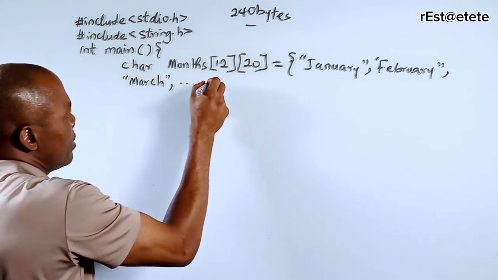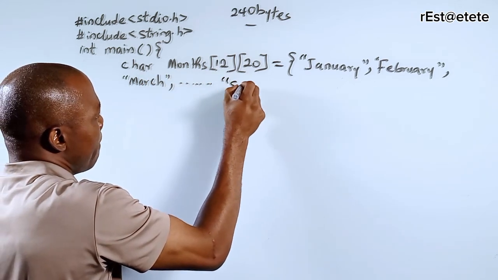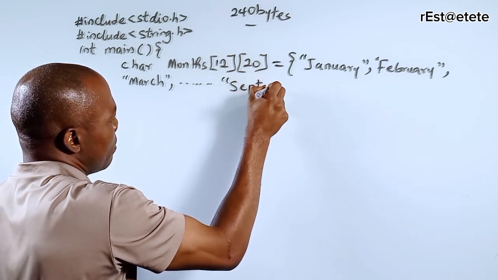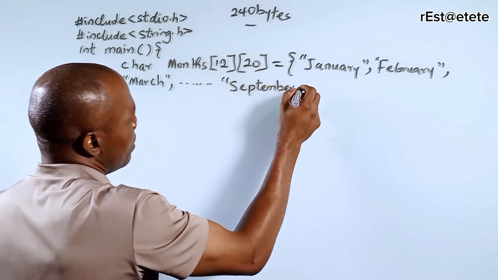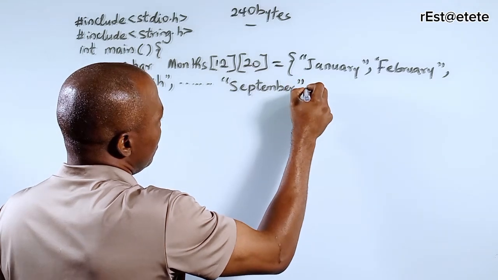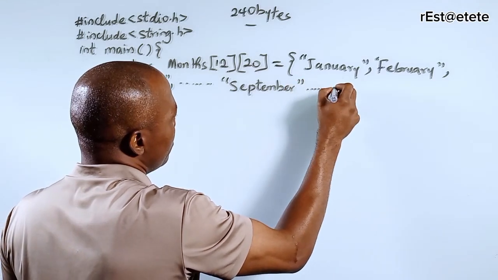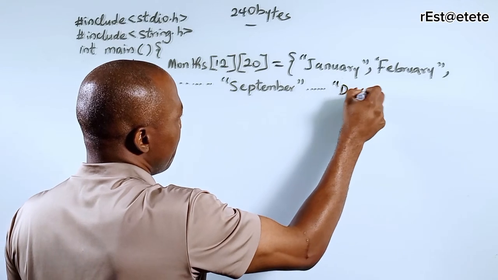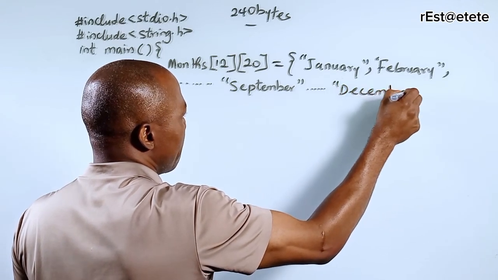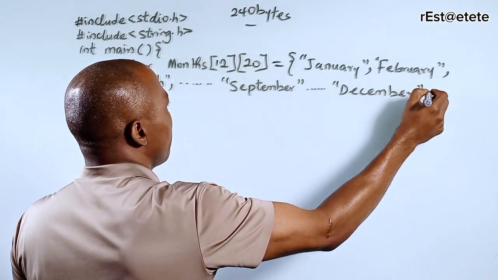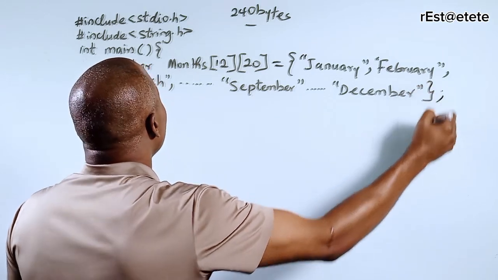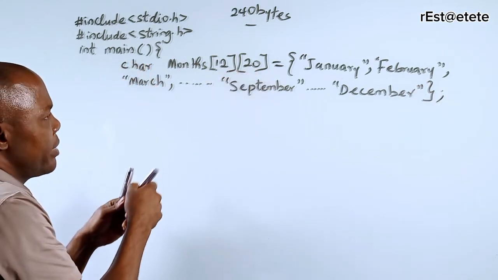So I'm going to do that up to, let's include September, and then we'll get to December. Okay, so this is my array that I've declared.